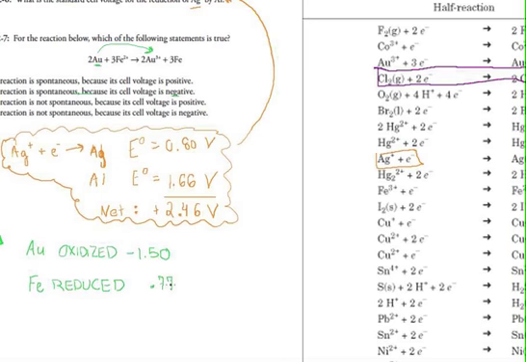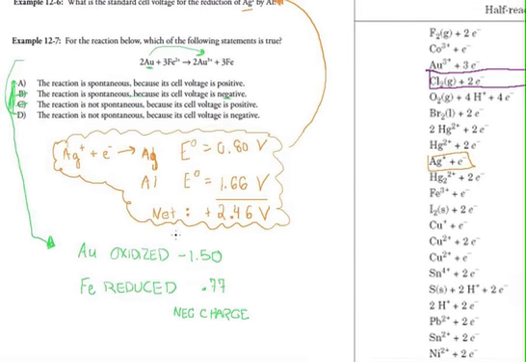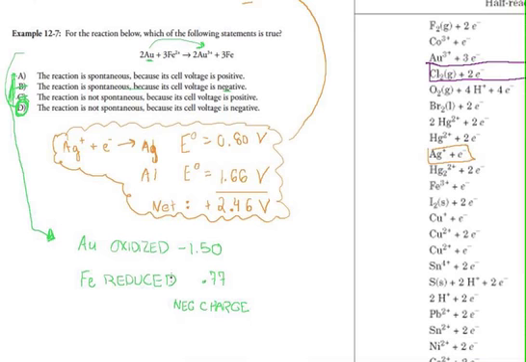So that's going to end up being a negative charge. And as we already know, if it's a negative charge, that means that the reaction is not spontaneous, and that means D is our answer. Fantastic. Okay, so thanks for bearing with me, and I will see you in the next video. I am looking forward to it.